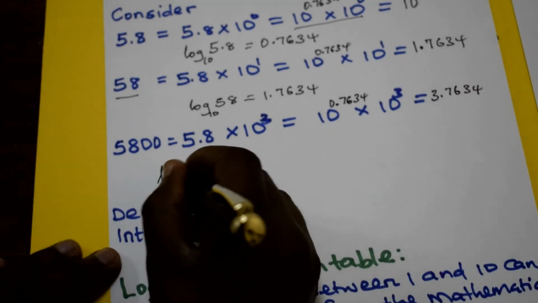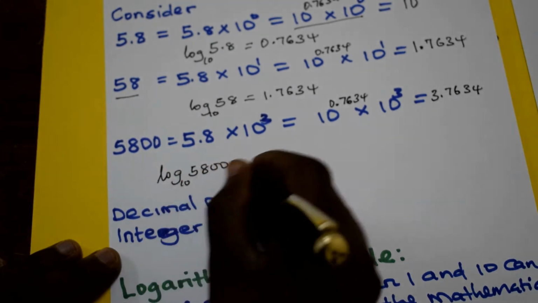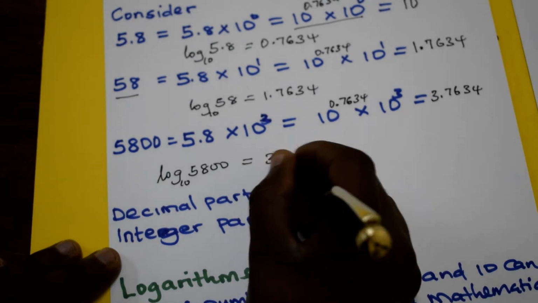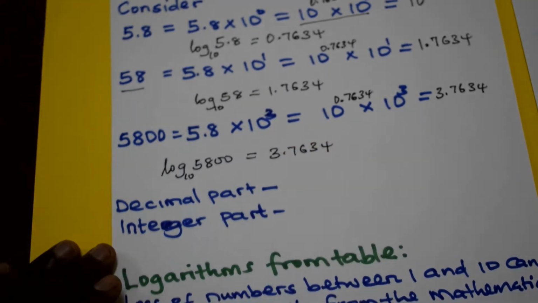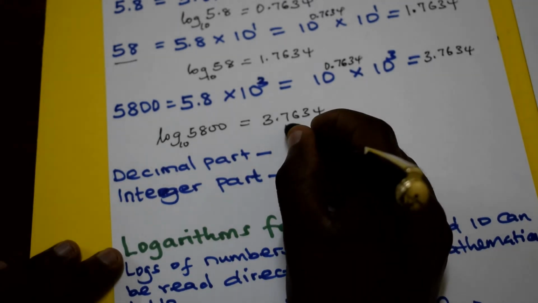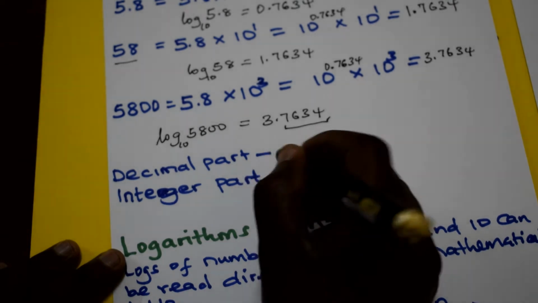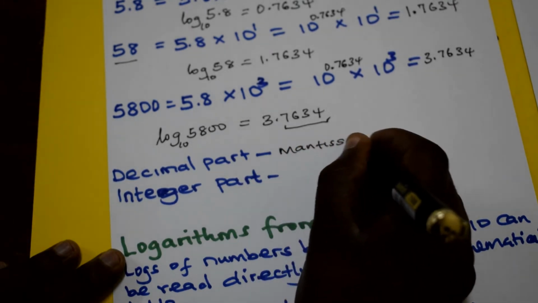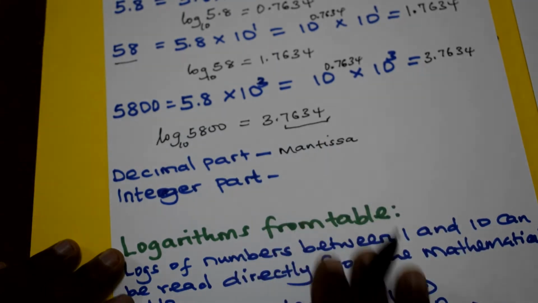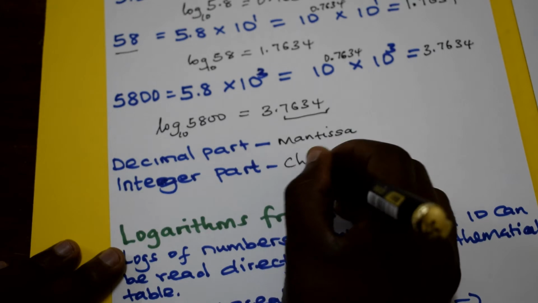Therefore, the logarithm of 5,800 to base 10 will be equal to 3.7634. The decimal part, 0.7634, we call the mantissa, and the integer part, the whole number part, we call the characteristic.